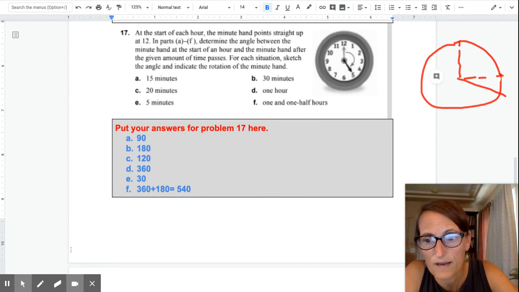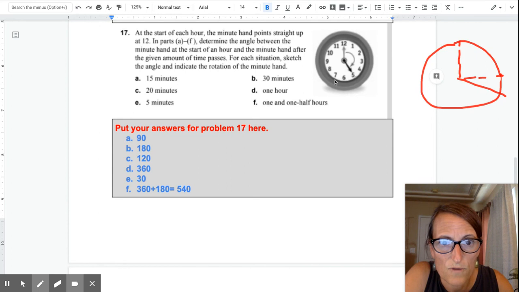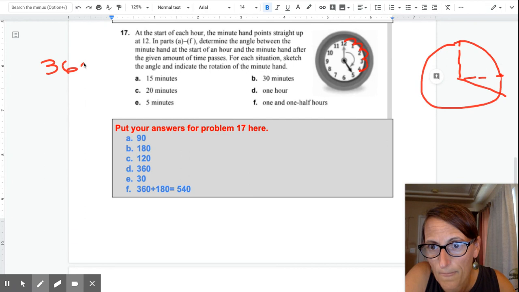Another way that you can think about it is think about each 5-minute interval on the clock. So you can see here there's 12 little 5-minute intervals, right? From here to here, here to here, here to here. So if there's 360 degrees all the way around and you cut that into 12 pieces, 360 divided by 12, because there's 12 numbers, you will get 30.